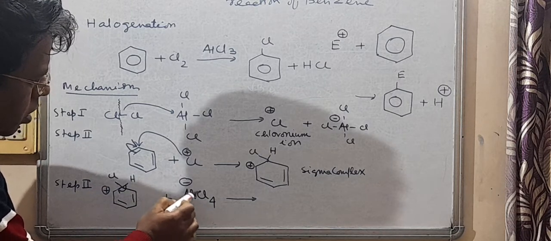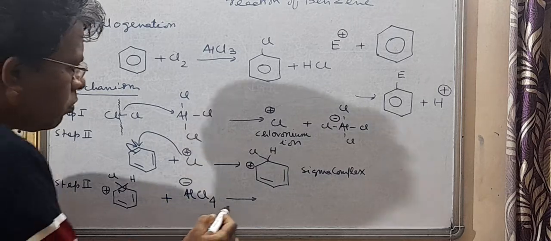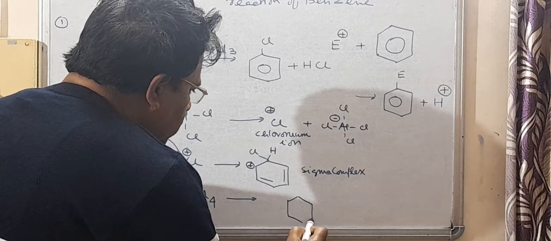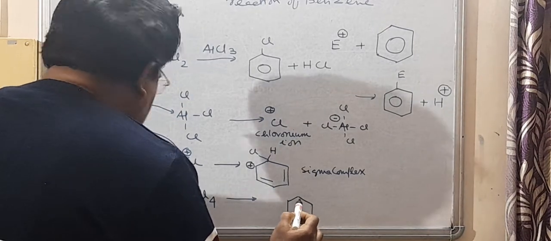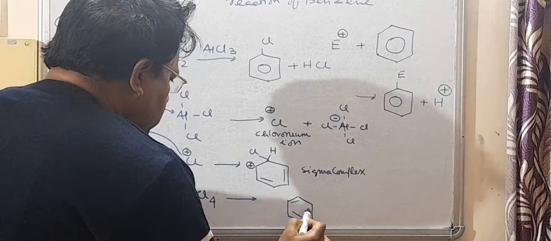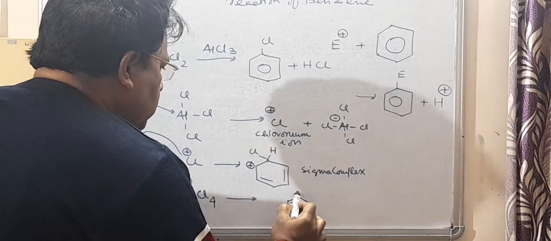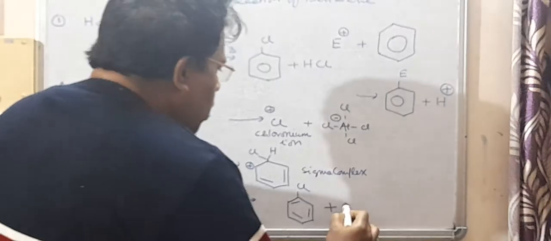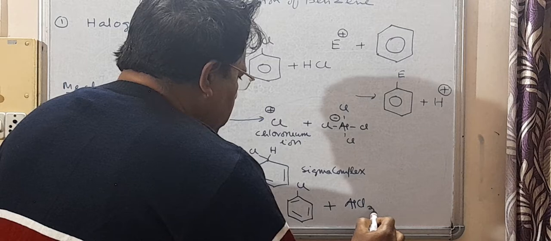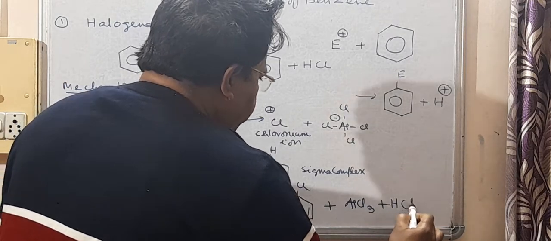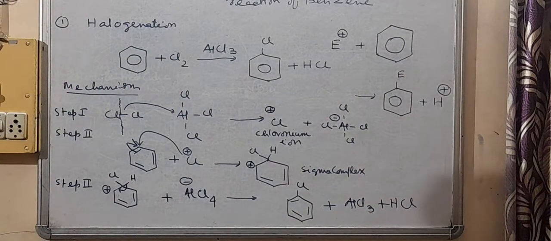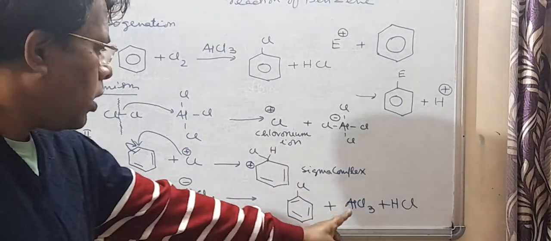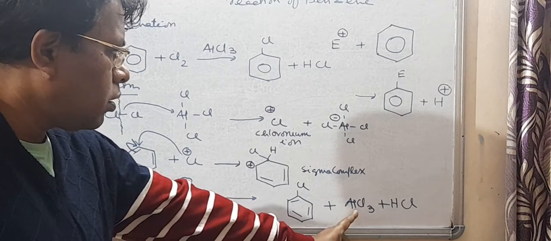This H comes out as H plus because this bond is coming here, and this H plus then reacts with this species here, and it forms the product plus AlCl3 plus HCl. So you see, we got the product, and AlCl3 is regenerated.